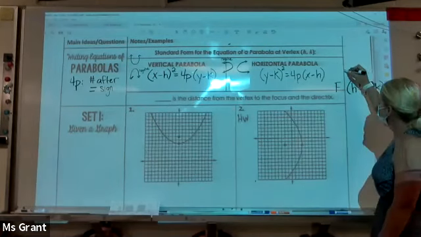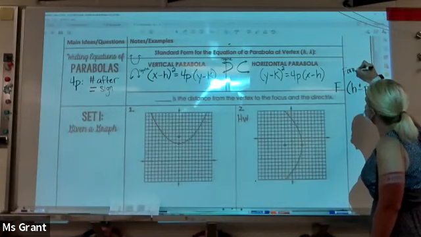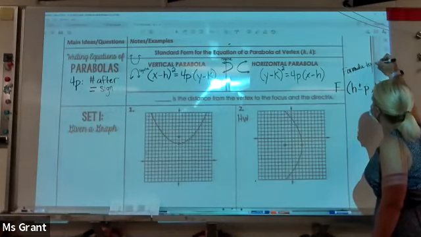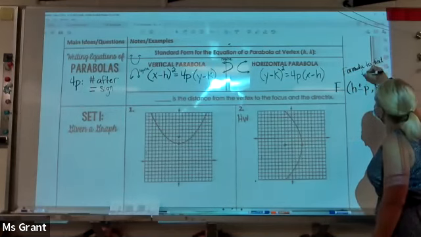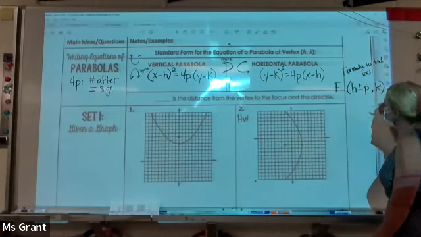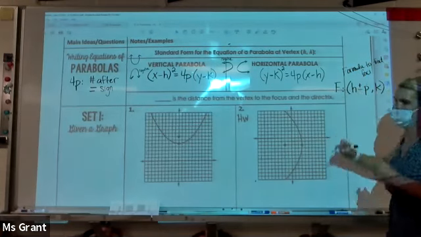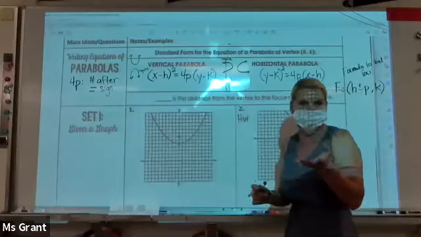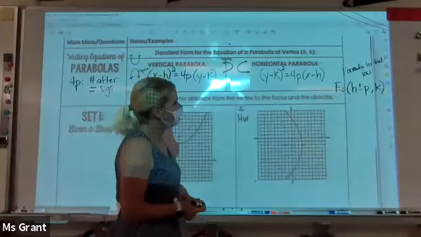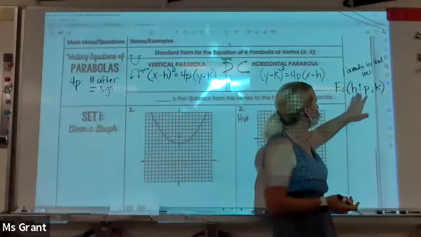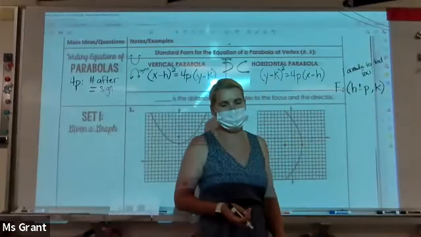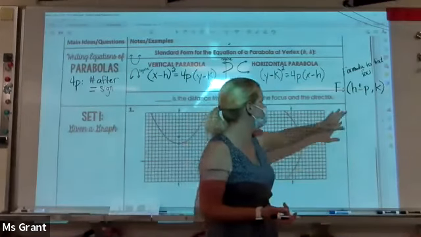This here is the formula to find focus. But we are just going to count because I'm going to have you draw a lot of sketches today. But in case you, for some reason, feel like you don't want to make sketches, you could do this.